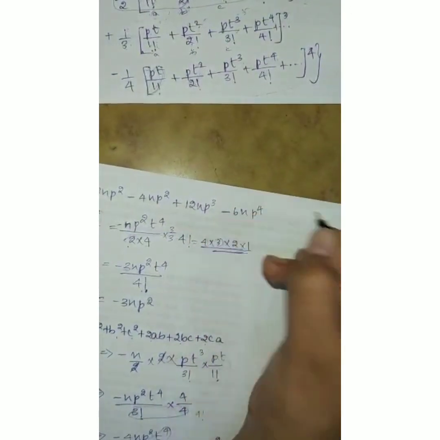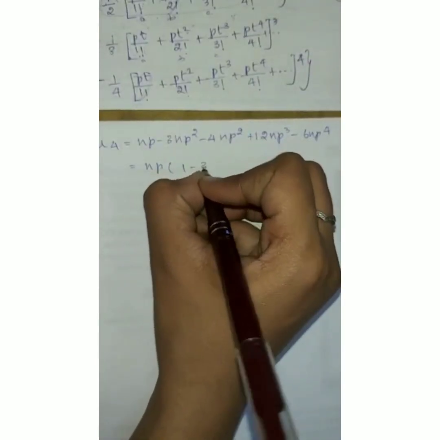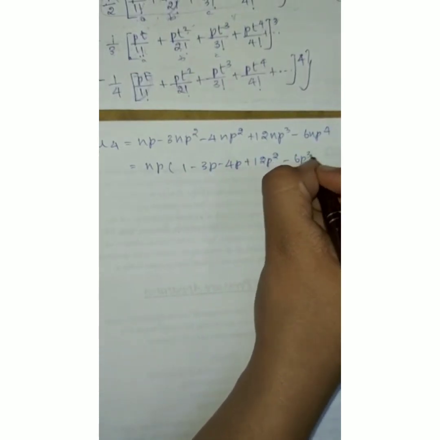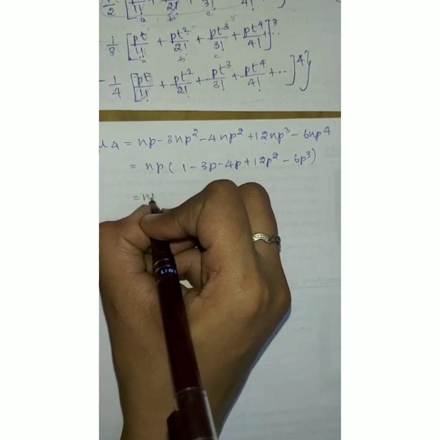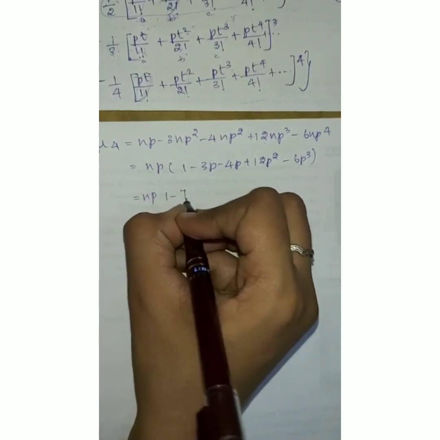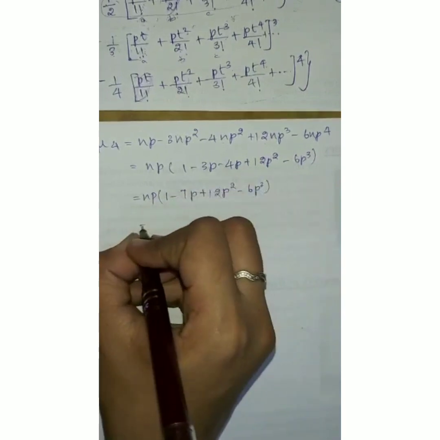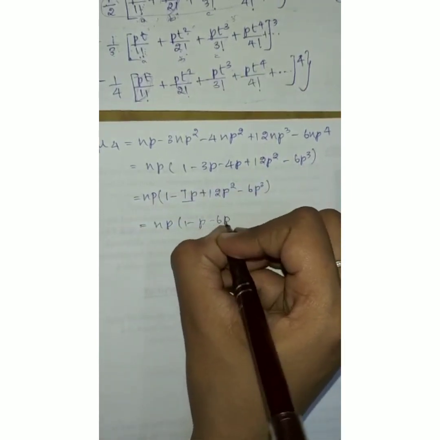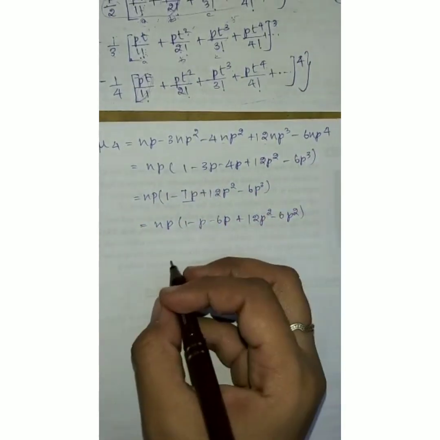Then simplifying this equation further by taking np common, 1 minus 3p minus 4p plus 12p square minus 6p cube. Then again adding minus 3p and minus 4p, we get minus 7p. Then splitting minus 7p as minus p minus 6p and writing q in the place of 1 minus p.